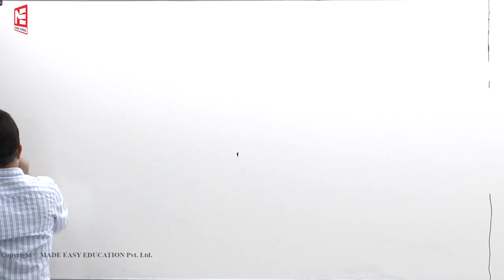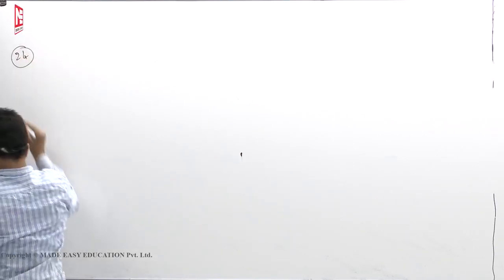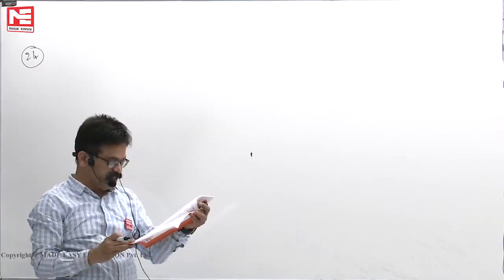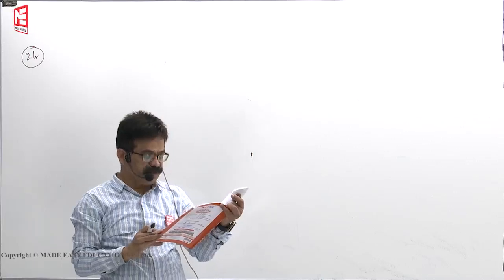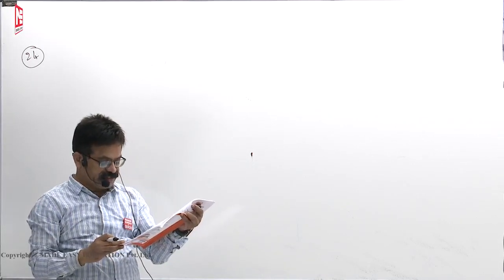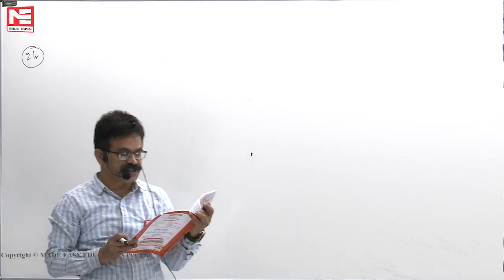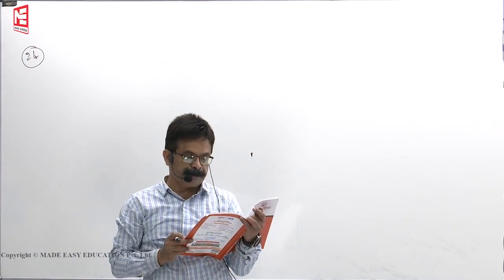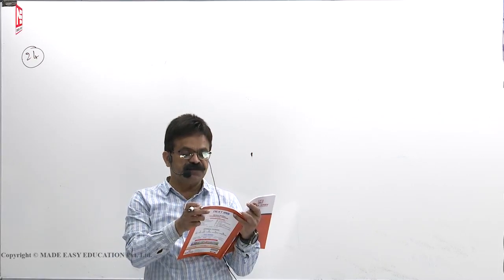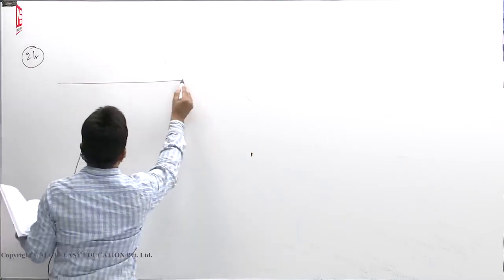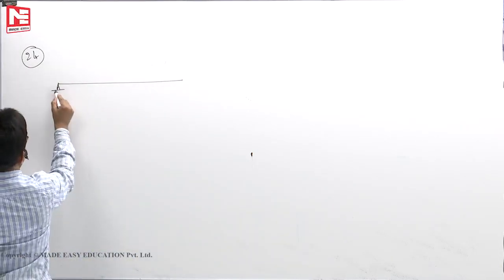Next, 24. The frame below shows three beam elements, OA, OB, OC. OB is free end, identical length, flexural rigidity, external moment M. The correct set of bending moments OA, OB, OC that develop at O in the three beams respectively. See here, we should not solve the entire problem and waste the time.